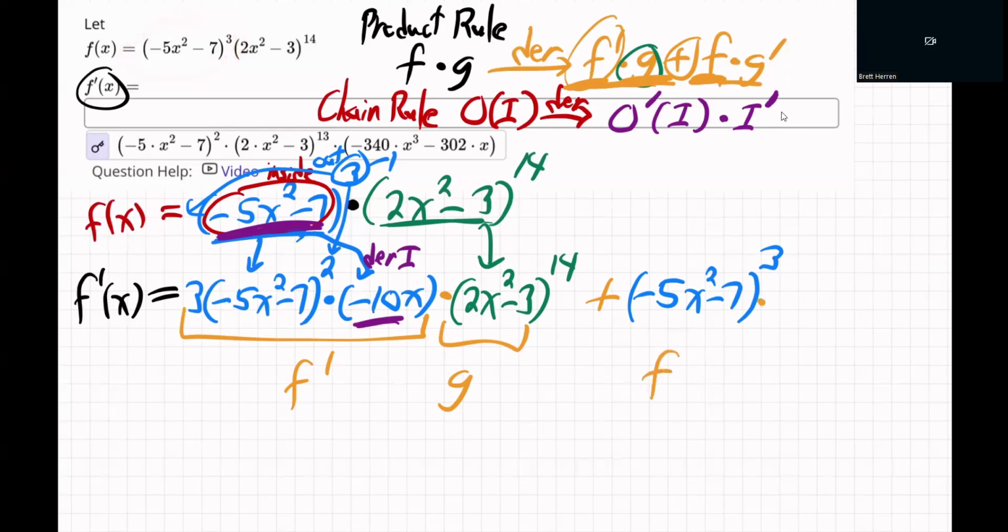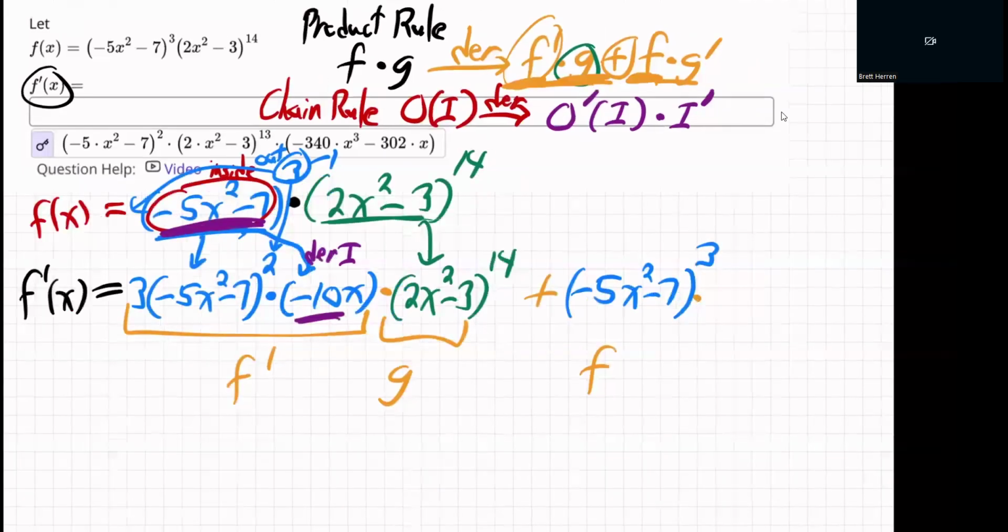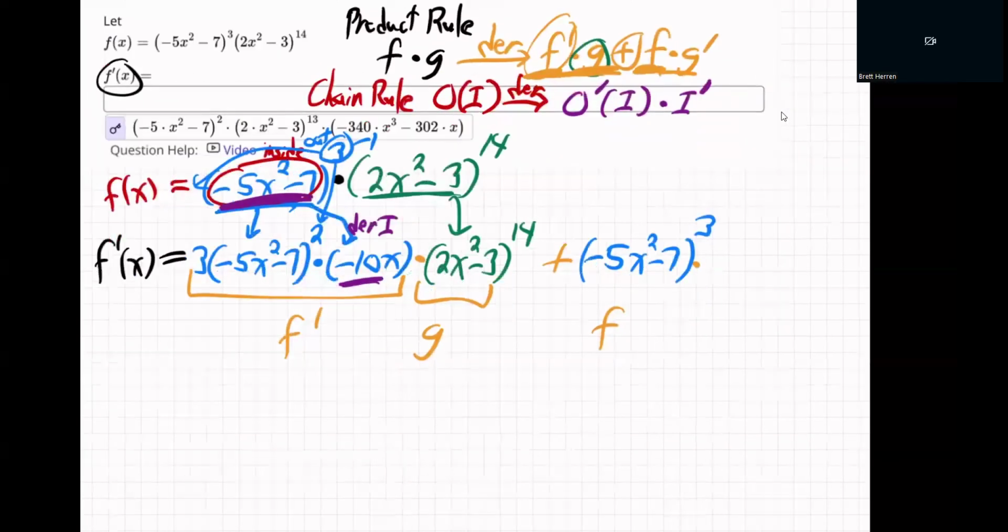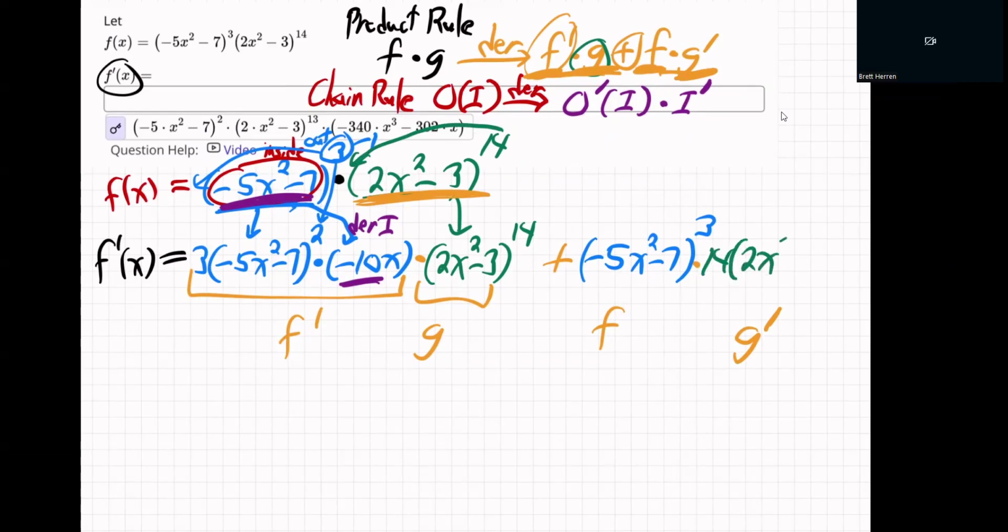Times, and now, got some room over there, I need to do g prime, right? G prime is the last thing. That means the derivative of the second guy. Well, how do you do his derivative? Same thing. The outer power has got to come down, 14. Keep the inside the same at first.